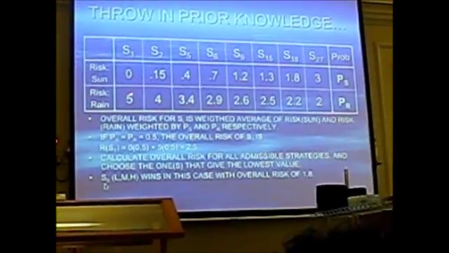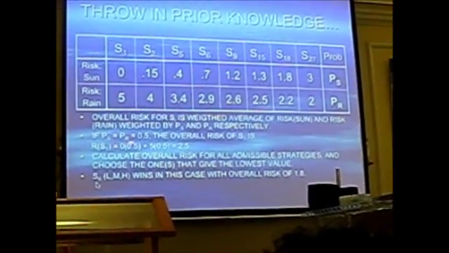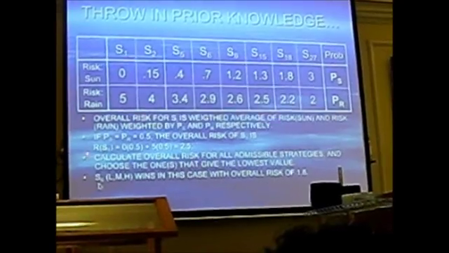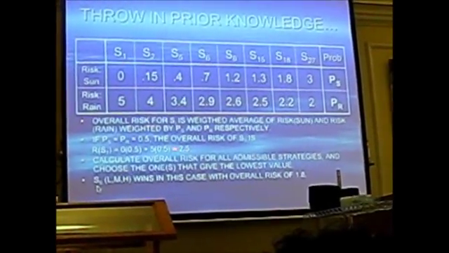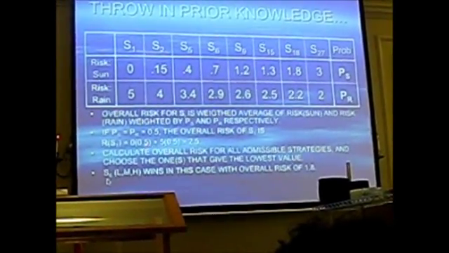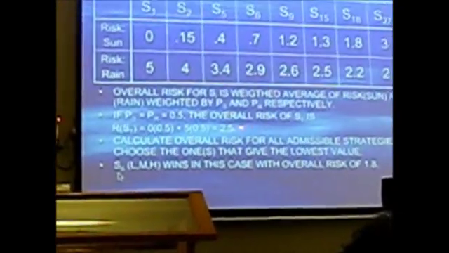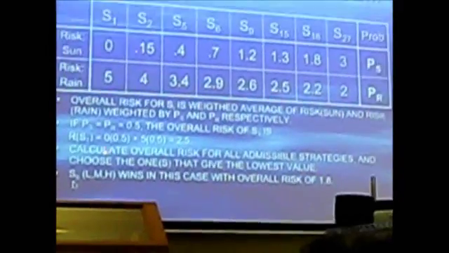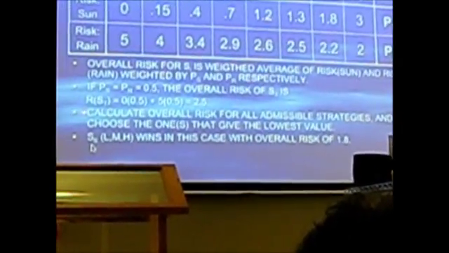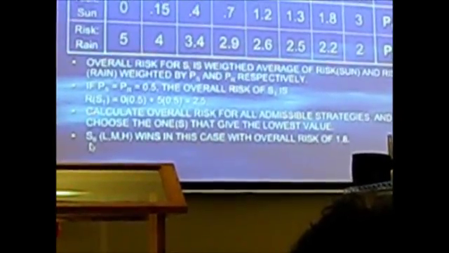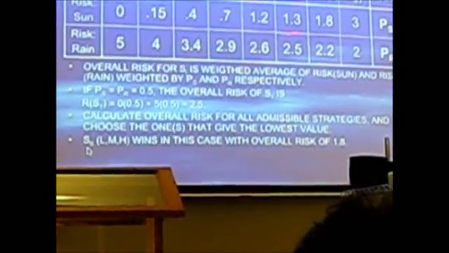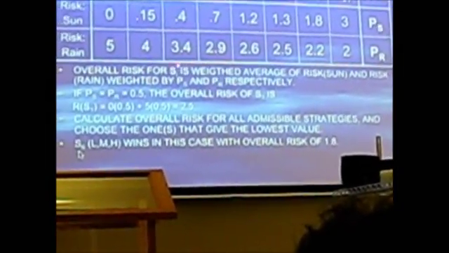So your overall risk would be 0 times 0.5, half the days that are sunny, and 5 times 0.5, half the days are rainy. So using that strategy, your overall risk would be 2.5. Is this all right? And so you got the idea on how you do it for the other strategies.